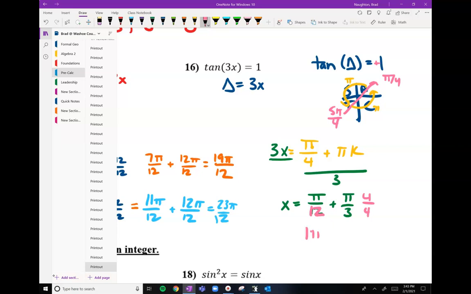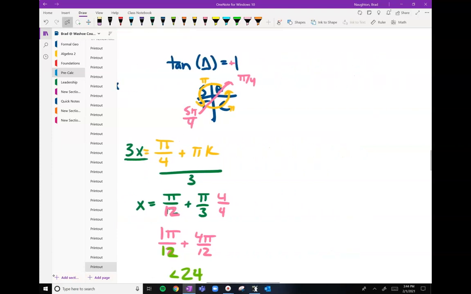So we're going to do 1 pi over 12 plus 4 pi over 12. And we're going to keep on going, because the bottom number is 12, it's got to be less than 24. Now, on this one, when we keep adding, there is going to be some reducing, just as a heads up. So when I add, this is going to be 5 pi over 12.